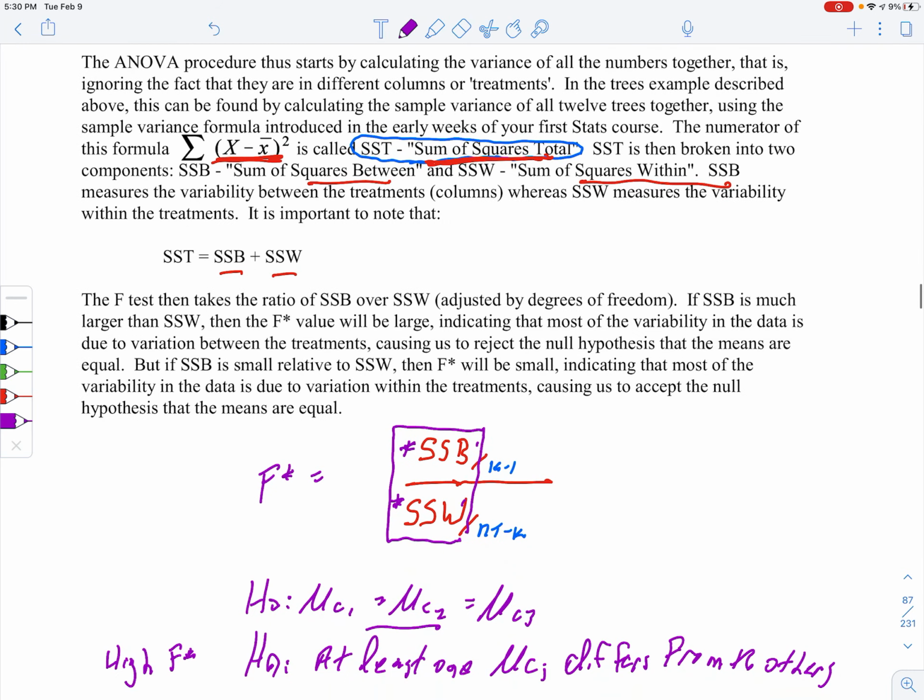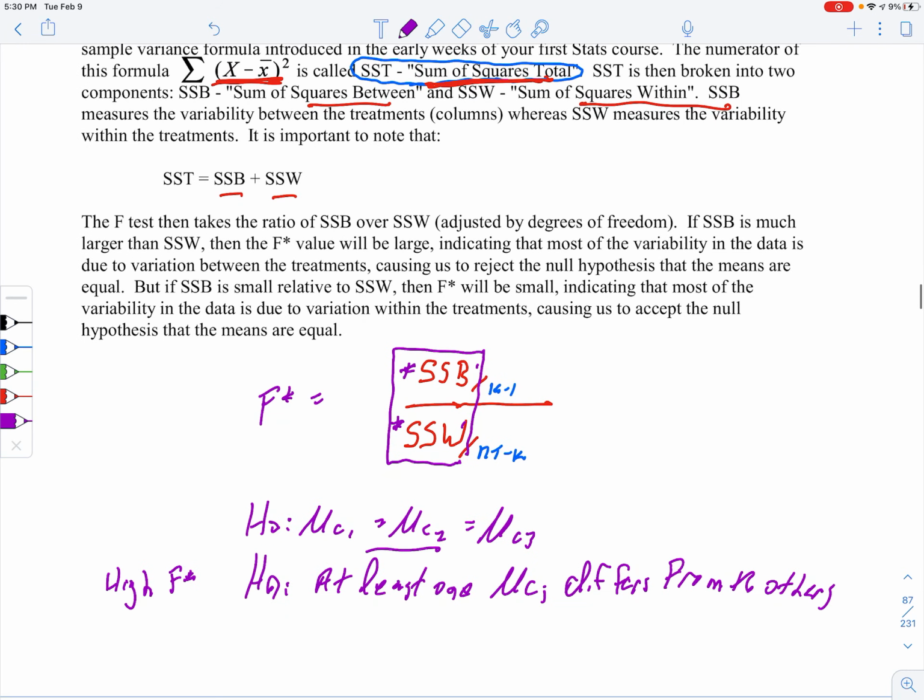And so when we take this ratio of between over within, we end up with a very low F star value. That causes us to support the null hypothesis. So if you end up with a high F star value, then we would reject H0 and conclude that the means are significantly different. If you get a low one, it means that they're not significantly different.